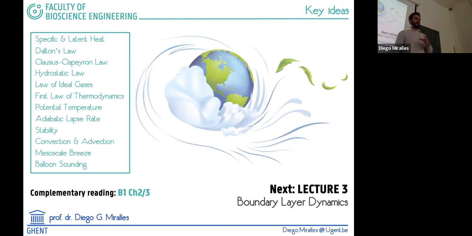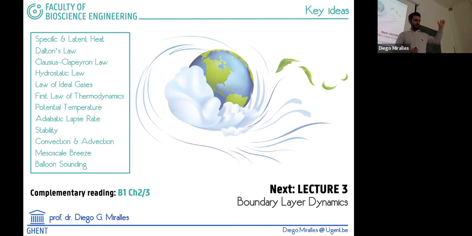Adiabatic lapse rate: the dry adiabatic is how the parcel of air will move as it is lifted and cools down. That's about 1 Kelvin per 100 meters. And then the wet adiabatic happens when that parcel starts to condense the moisture. That's less steep, like 0.5 or 0.6, depending on how much moisture that parcel of air contains.